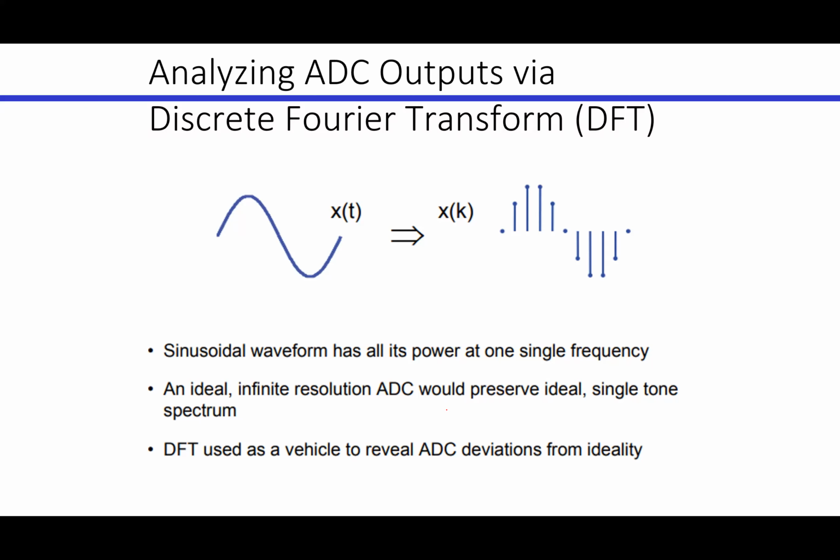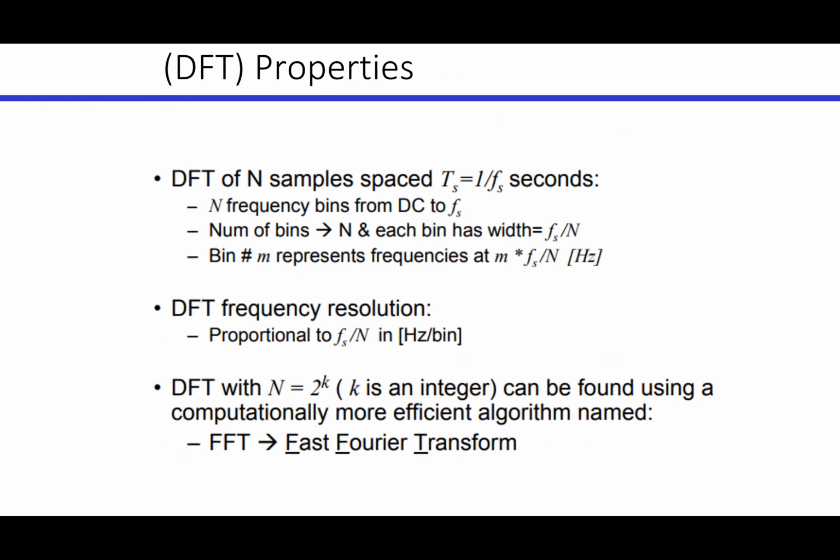That does not happen in real life because these are not ideal. So you will see other frequency content at the output spectrum, and it will tell you information about the performance of your ADC.